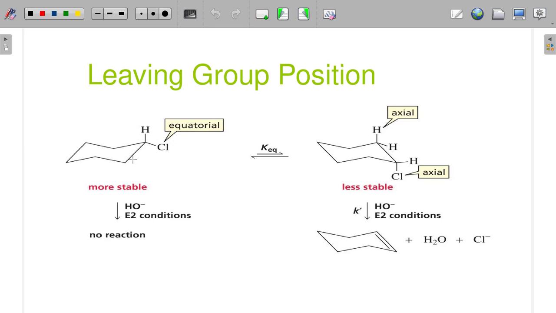If I've done something that eliminates that possibility, put bulky groups here, because that bulky group is always going to want to stay equatorial, that's going to force this chlorine to stay equatorial, even though they're close to one another. That's going to forbid it from actually doing an elimination reaction, because to do an elimination reaction, I need to get this into the chair conformer where it's axial. But once it's there, we can eliminate it.